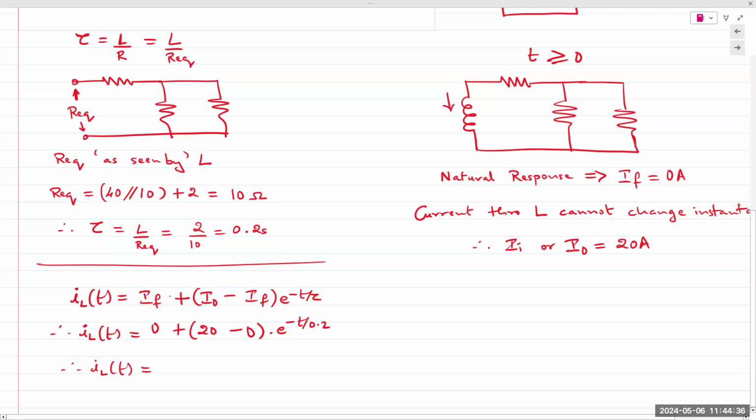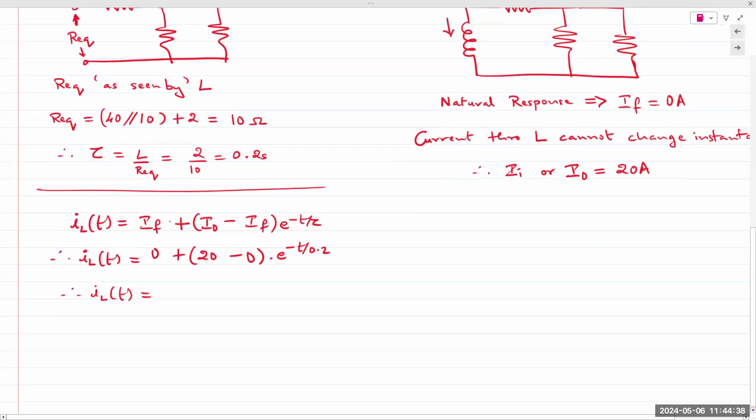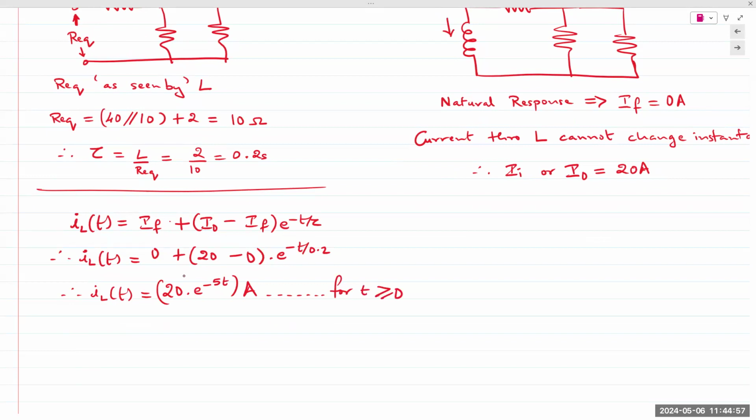Reduce the circuit after plugging in all the values. And you have 20 into e raised to minus 5t amps. And this equation is valid for all time values greater than or equal to 0.